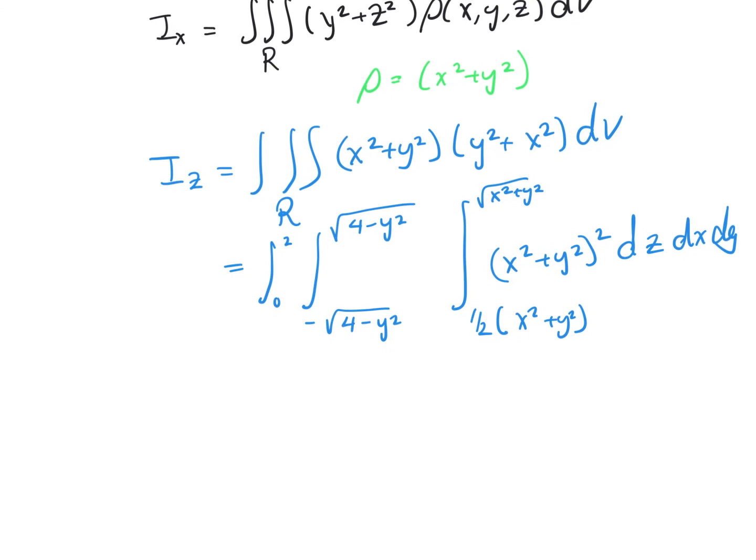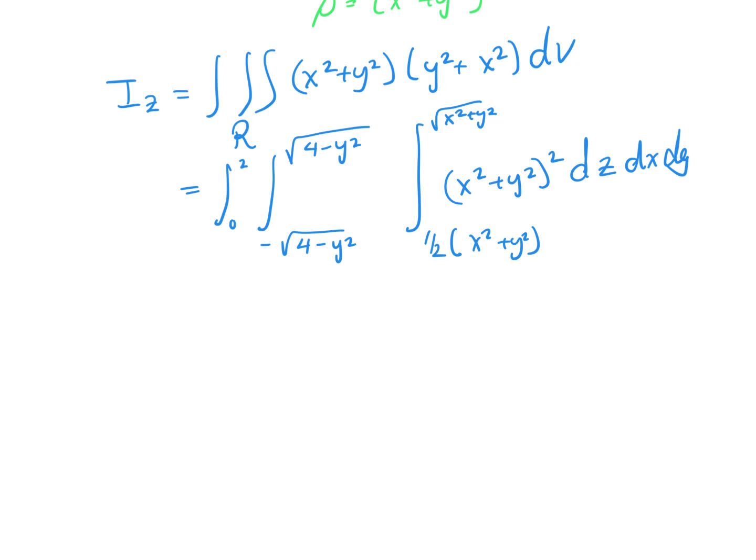Now, I look at this and I think, this looks like a whole lot of fun, but it's going to be much easier if we convert to cylindrical. So if we convert everything to cylindrical, then this is going to be from 0 to pi, and that will be my d theta. And you're thinking, how do I know that? Well, that's based on the fact that my density function is x squared plus y squared, and the fact that I started out from 0 to 2 for my y's.